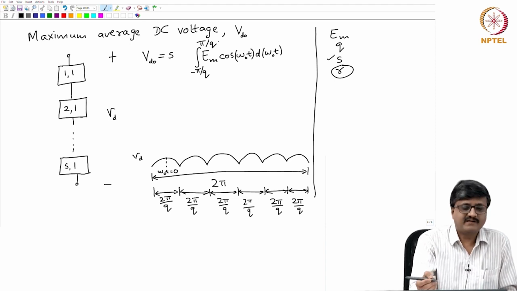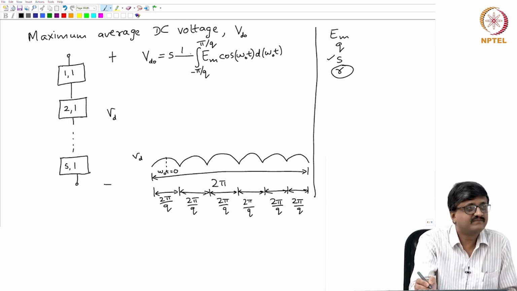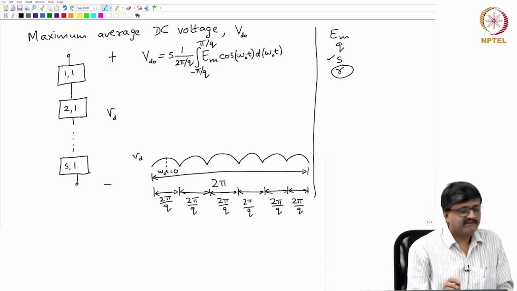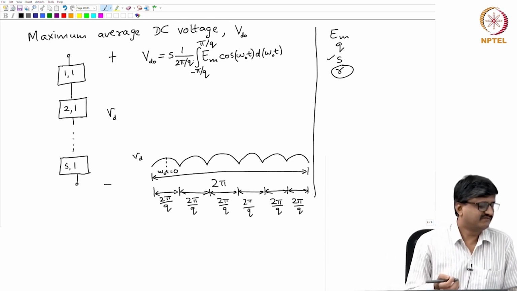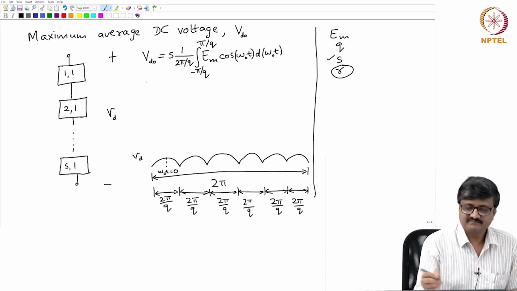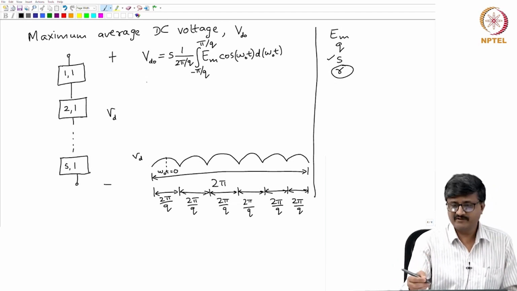And I want the average value. So, I should divide this by 2 pi by q. So, that is the expression for Vdc max. We can simplify this. What do we get if we simplify this? Em sin pi by q minus of minus pi by q, if you integrate cos.